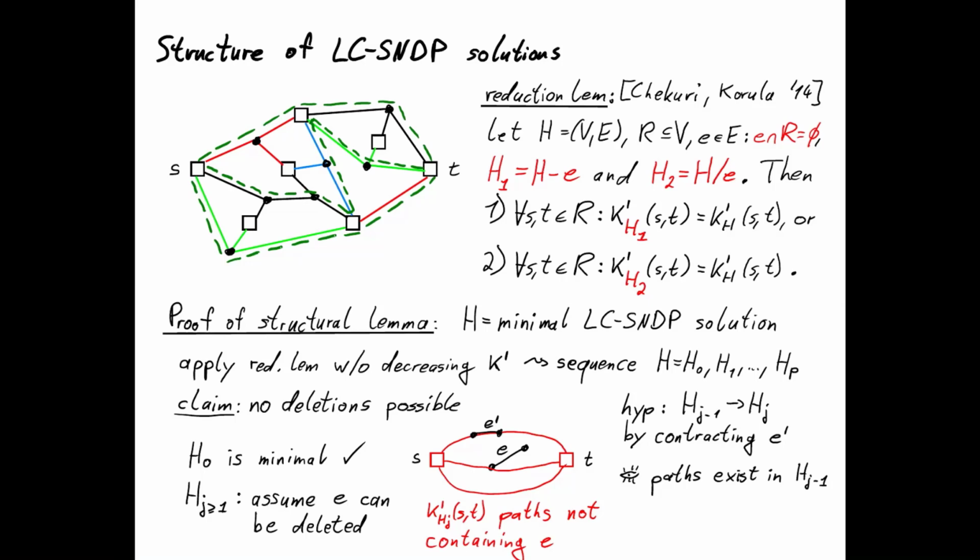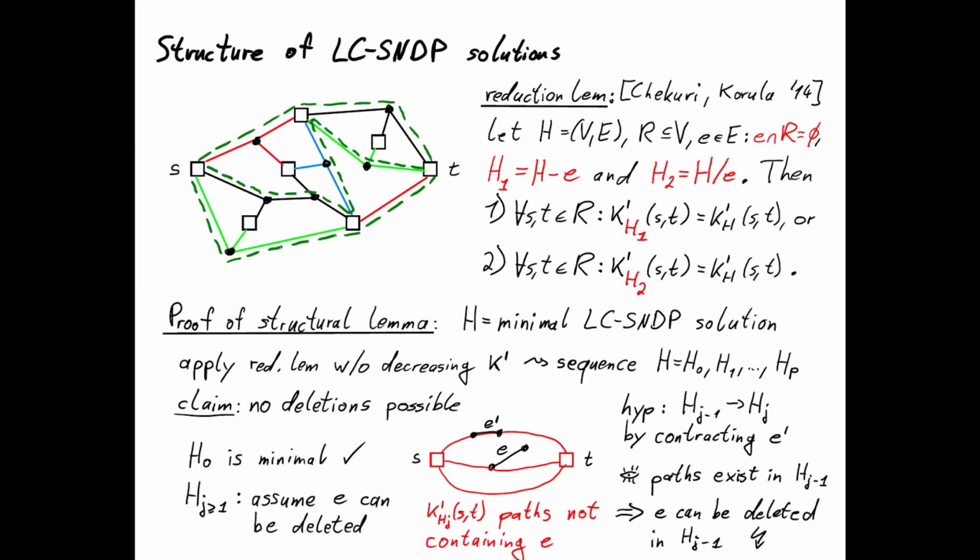But now I get all of these paths also in the previous graph, H_{j-1}. But that means that now I could actually delete this edge e, which also exists in this graph H_{j-1}, without decreasing the connectivity, but that would contradict my induction hypothesis.